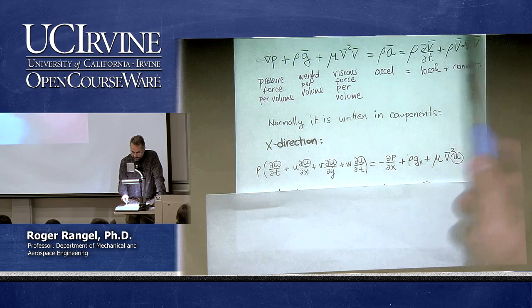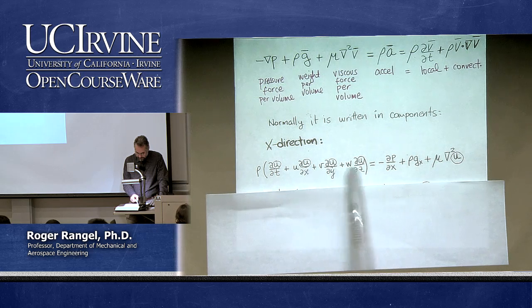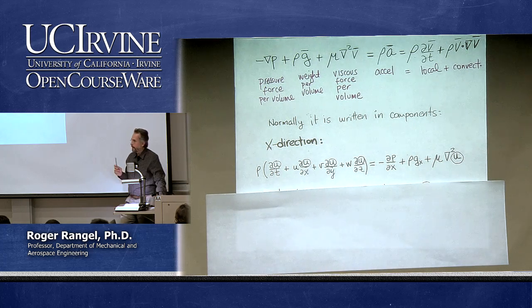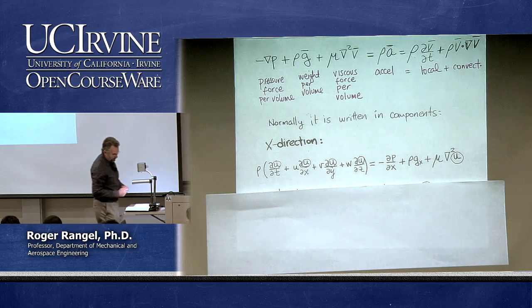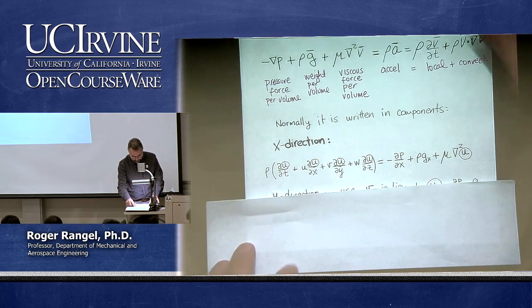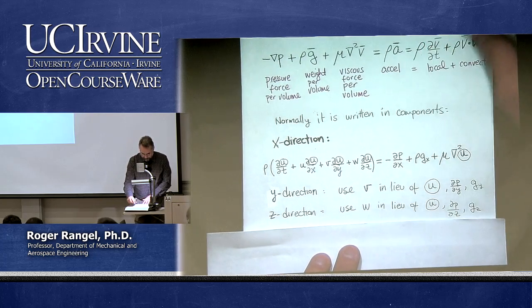Remember, the convective acceleration has 9 terms, 3 in each direction. So the 3 that are in the x direction are written here. So that's my x direction component of the Navier-Stokes equation. And that's the equation that we are going to solve for the problem that we're going to look at today.